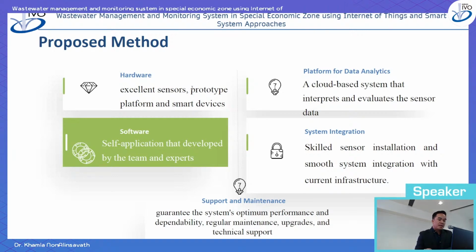Together with this, we also work on a prototype for data analysis and integrate with other systems, especially cloud-based services.